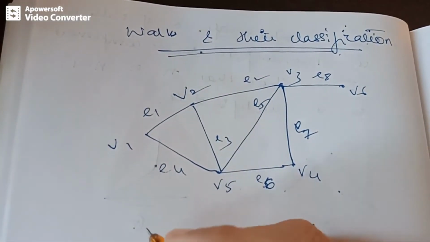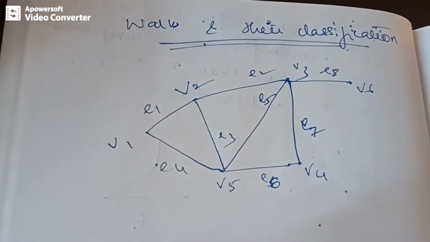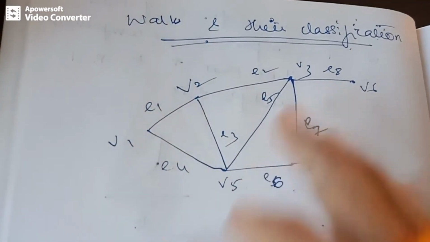Let G be a graph having at least one edge. So here we have assumed an example. This is the graph.